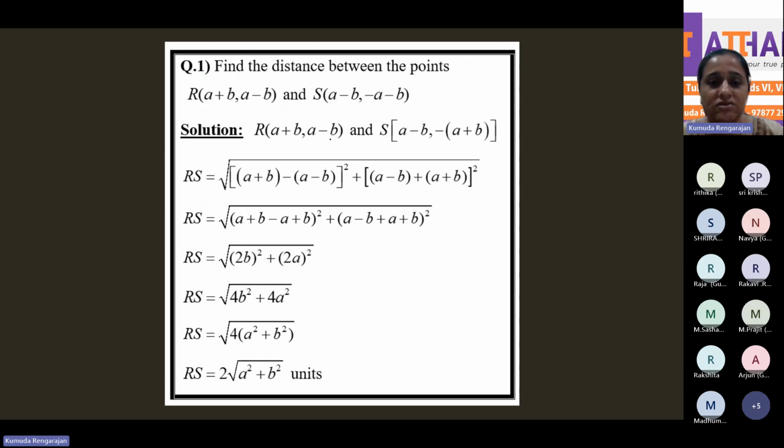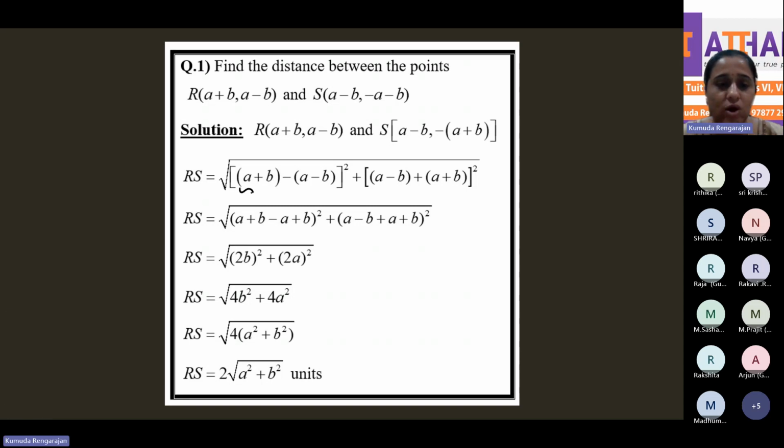This is the Y coordinate of the point R, minus the Y coordinate of point S. So minus into minus plus. So A plus B, the whole square.